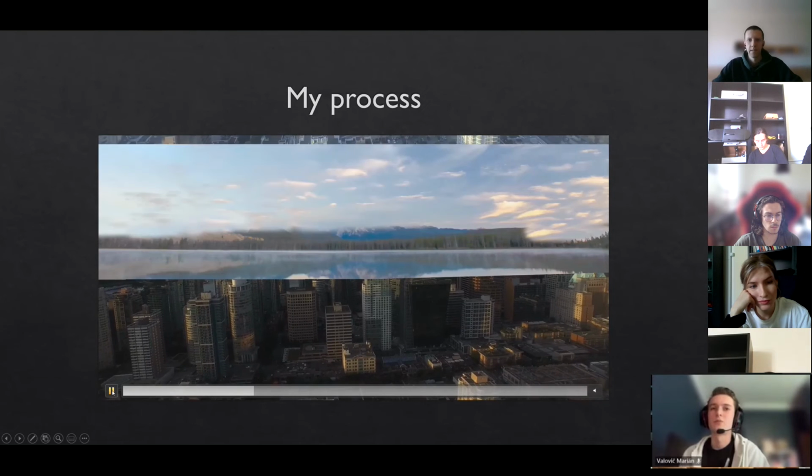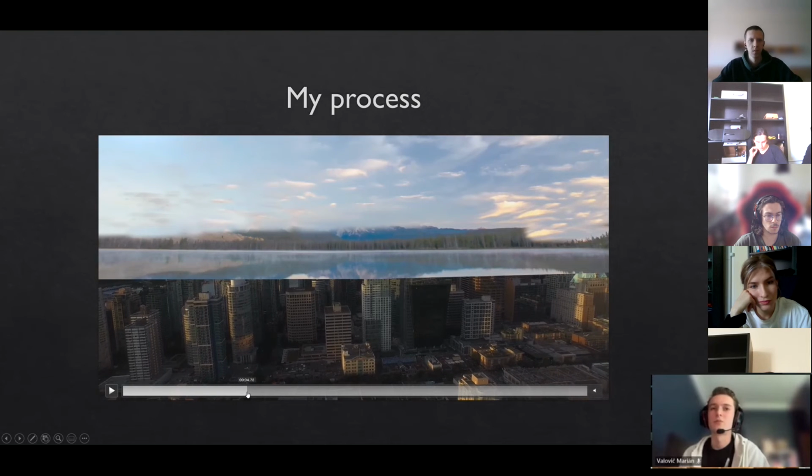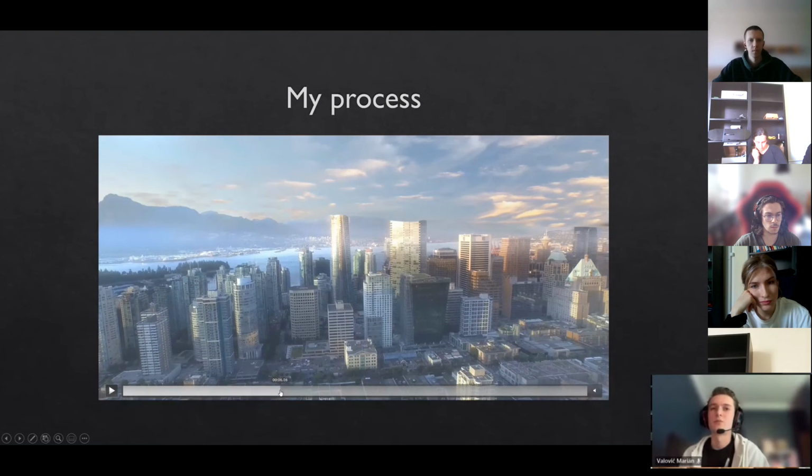I added the sky with a photograph, but you can see I painted out the mountains and extended the sky. Then I graded the original plate back with just grading to match the sky.